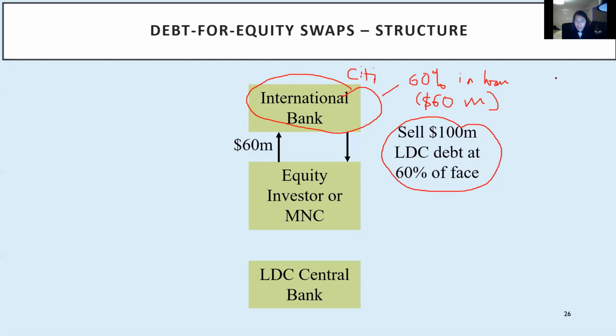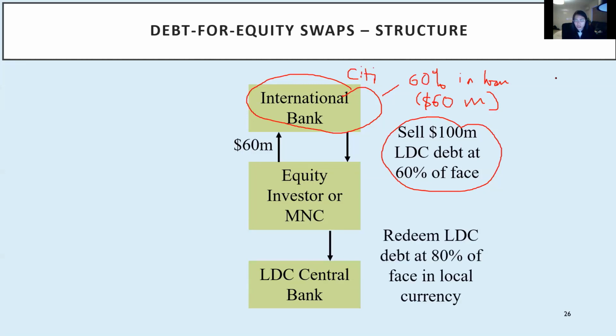Now, the multinational corporation would in turn redeem this debt with the central bank of the debtor country. So this is your borrower. This multinational company agrees to redeem the debt at 80% of the face value in the local currency, right?